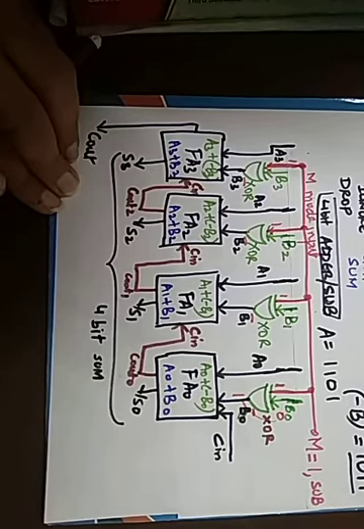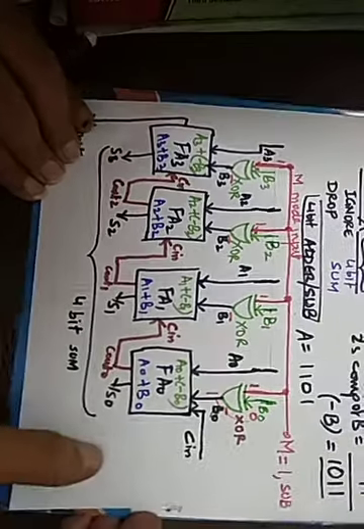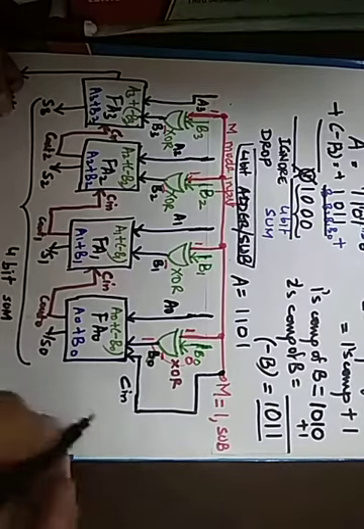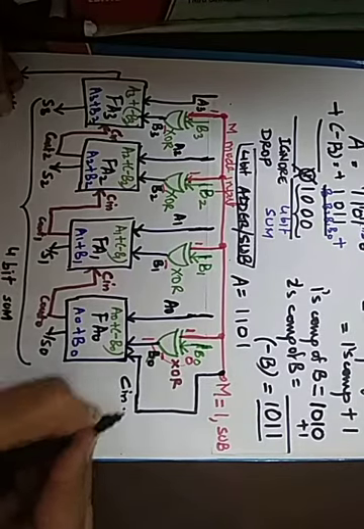Now what about the 2's complement? The 2's complement is nothing but 1's complement plus 1. So where does this plus 1 come from? The same input M connected to the Cin. So when M is 1, Cin also will be 1. So the 1 will be entering from here.